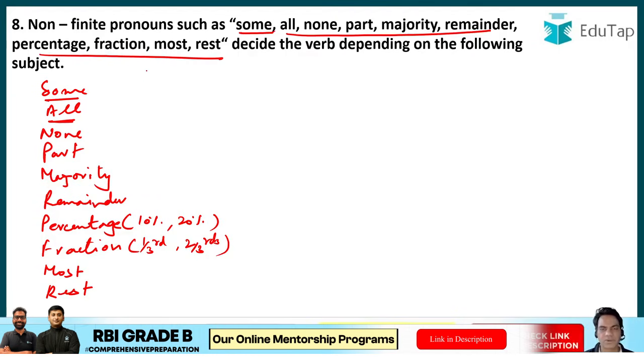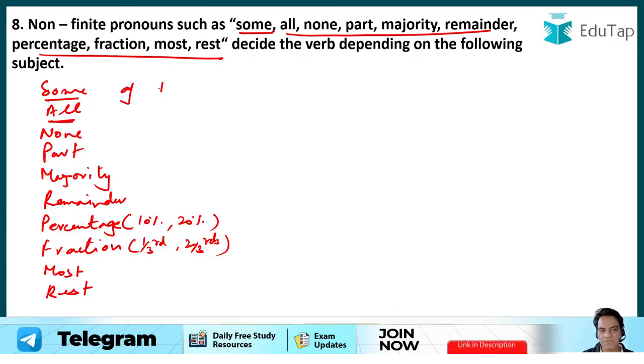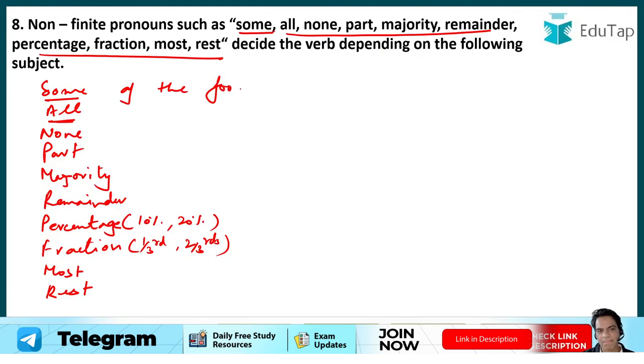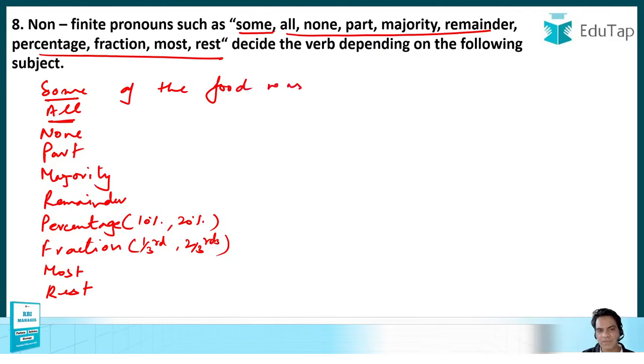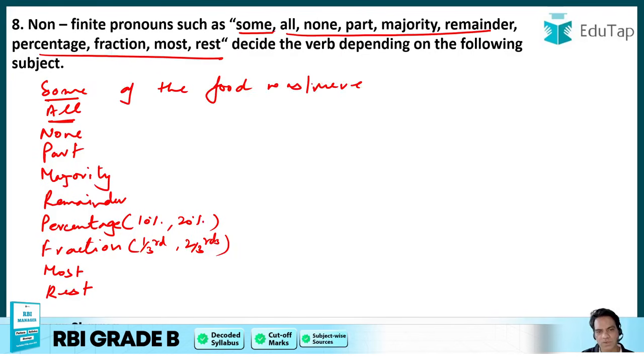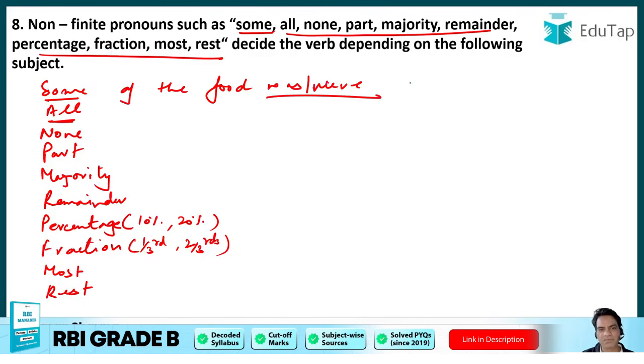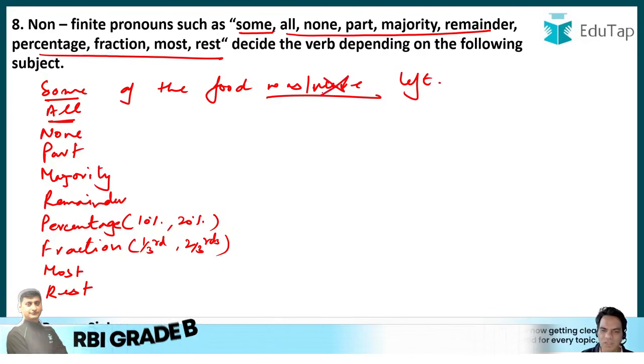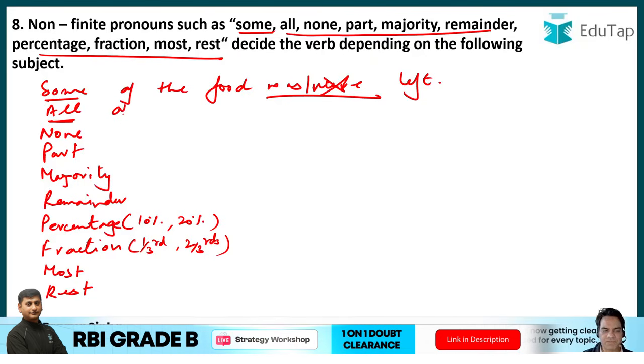Because we're talking about some, it must be plural, but wrong. Some of the food was left or were left? What do you say now, guys? Some of the food was left. All of the work is done or are done?